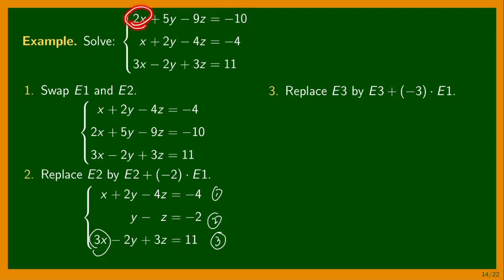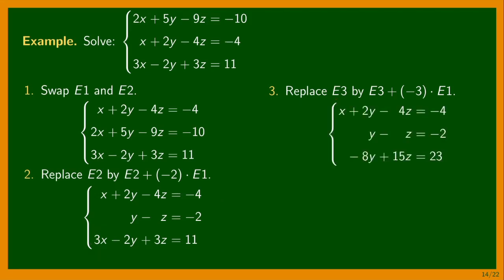Multiply by the multiplicative inverse of 2. In that case, okay? So, let's go back. Replace equation 3 by equation 3 plus negative 3 times equation 1. This is what will happen. So, you see, the x's below are now eliminated.